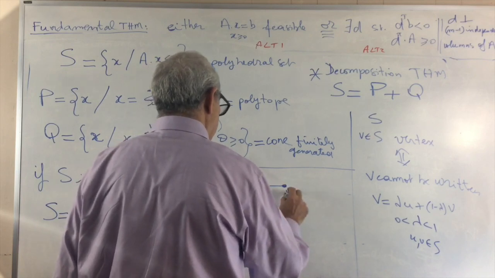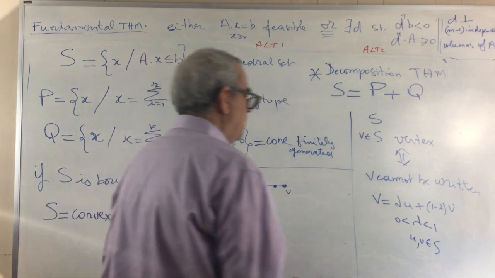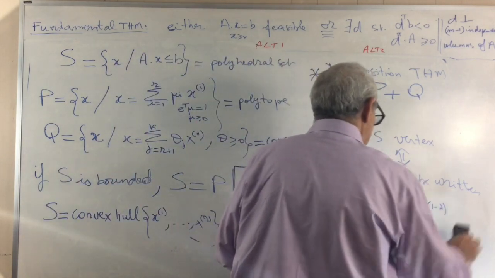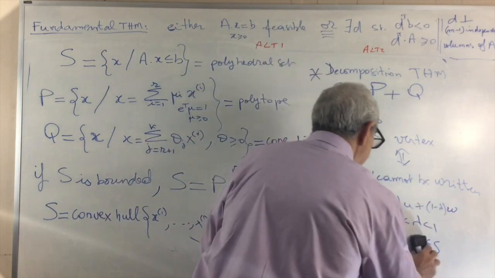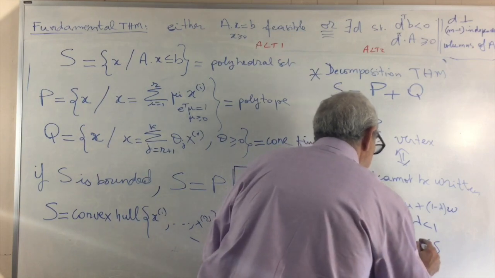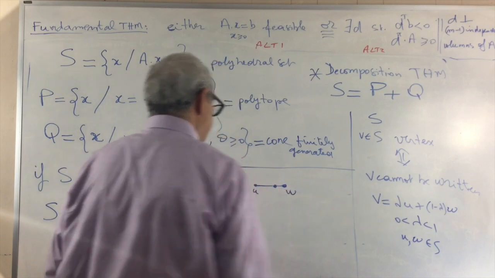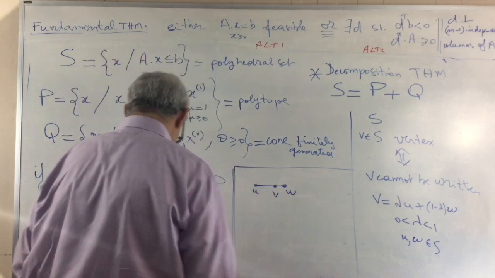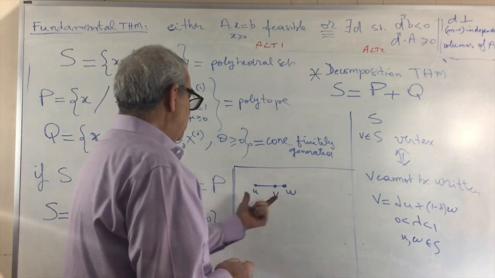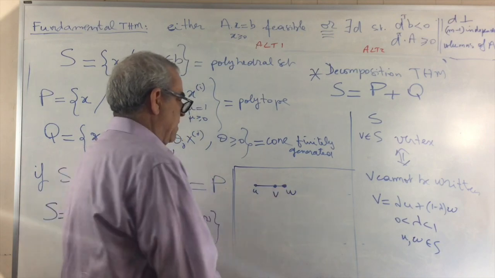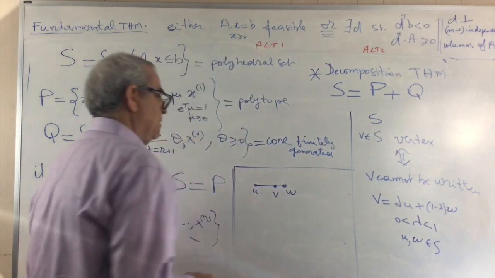This is u, this is w, and v is here. So a vector in S is a vertex if it cannot be put in a line segment like this, lambda u plus 1 minus lambda w.